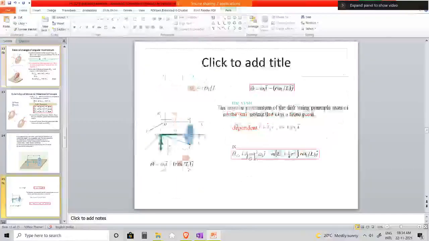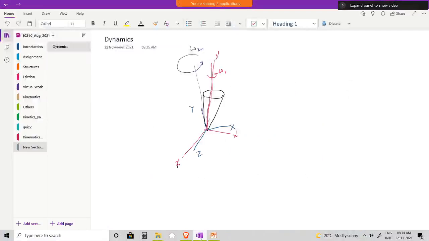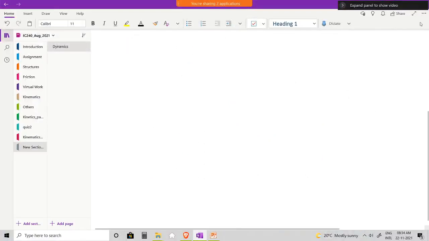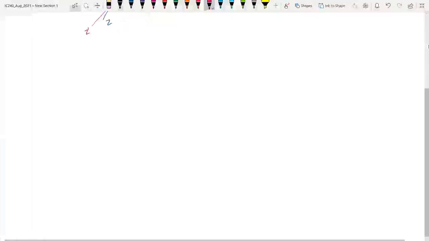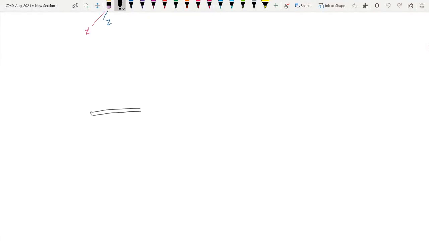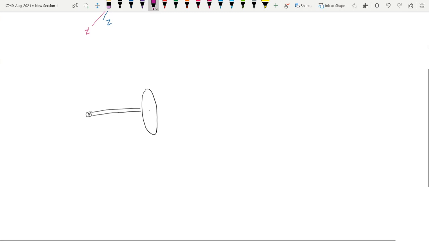So, now let me go back to this screen and try to explain here. This is the example that we are doing, that this disk is spinning about this axis with omega 1, and about this axis it is going to rotate with an angular velocity of omega 2.